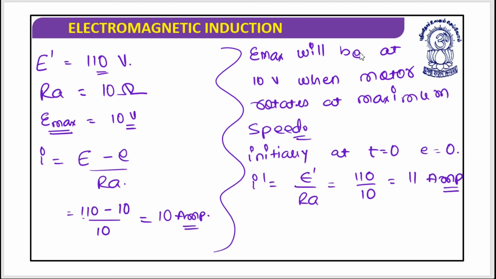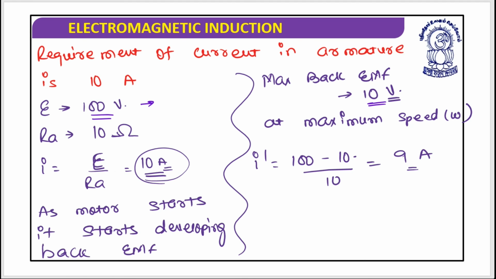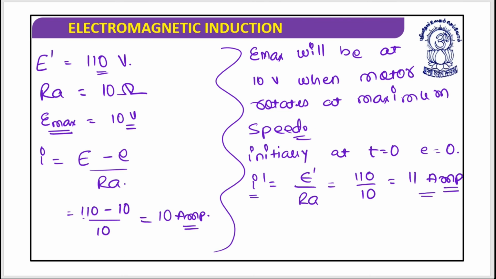So the problem is, your armature can pass a maximum of 10 ampere of current through it. Now in this situation, your armature is going to pass 11 ampere, as it exceeds the maximum current.